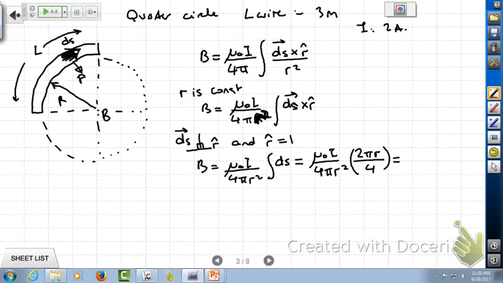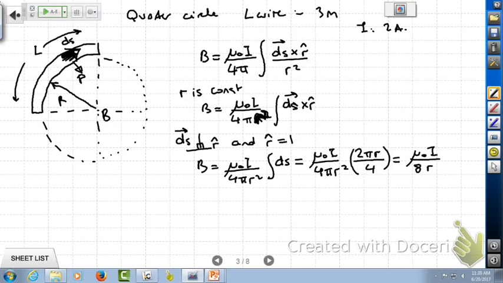So this equals mu naught I, pi's go away, r. And let's look on top, I got 2 on top and 16 on the bottom. So that would be that, I think.